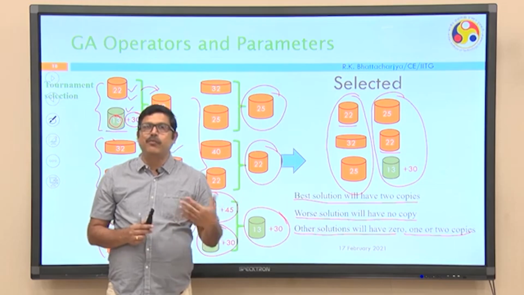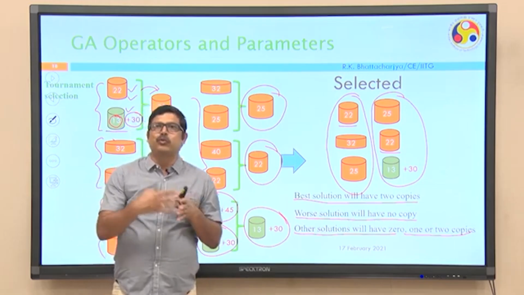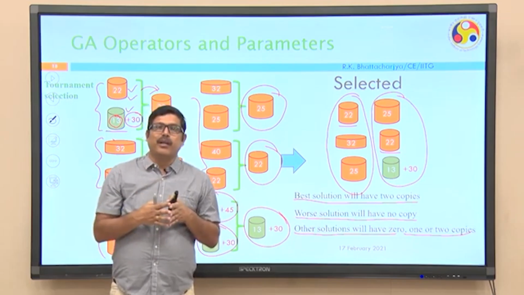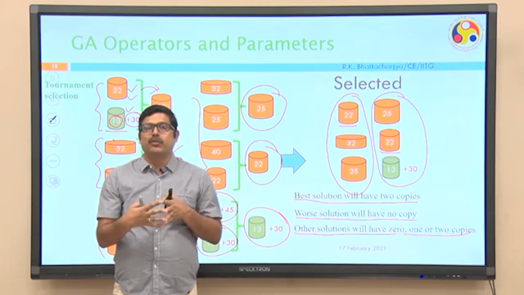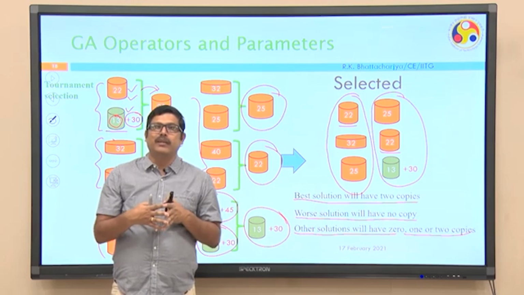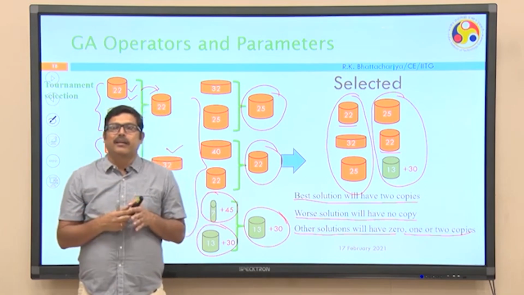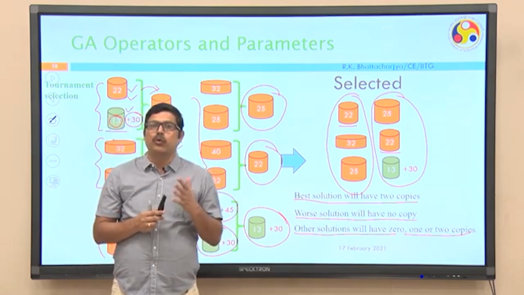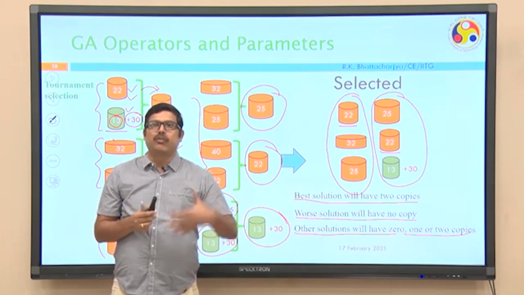So, what is happening? If you increase your tournament size from 2 to 3, the best solution will have 3 copies. If you select a tournament size of 4, then the best solution will have 4 copies, something like that. So, if you are increasing your tournament size, the best solution will have multiple copies. We do not want that. That is also not good for the search process.